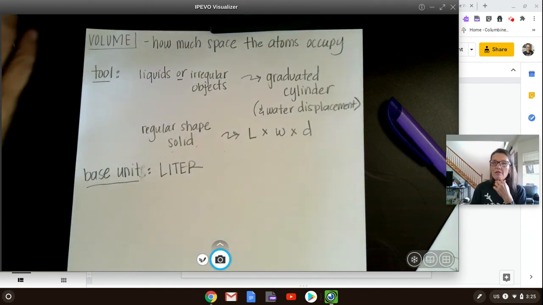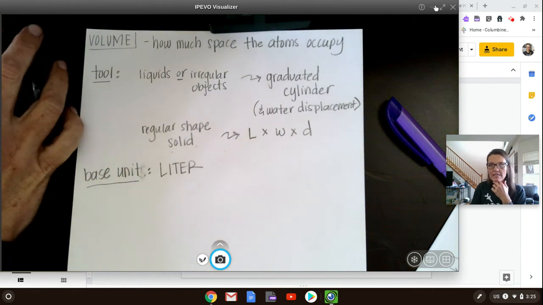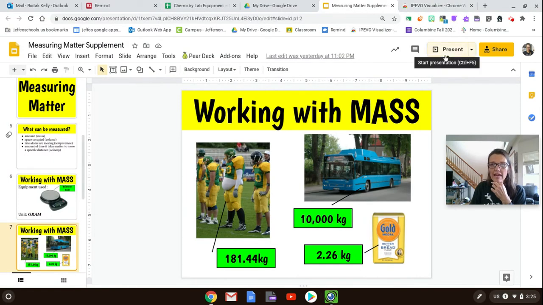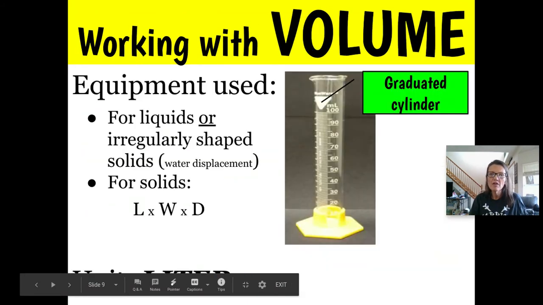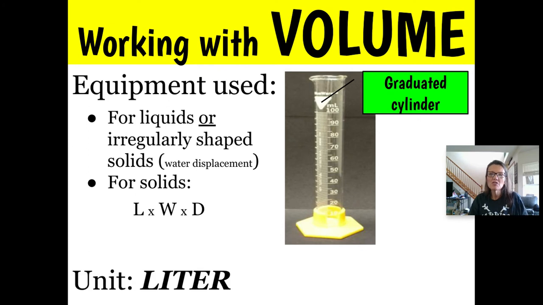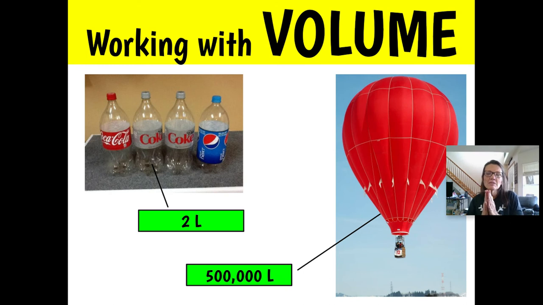Okay. Now, just like with grams, we had a way to look at large grams and small grams. The same is true for volume. So again, the equipment that's used is a graduated cylinder. The unit is the liter. And here are some examples of things that we measure in liters. Interesting enough, we don't ever really use a kiloliter, so you won't find any KLs.